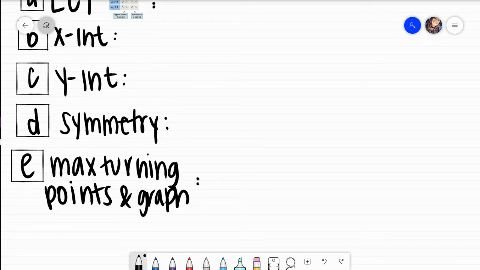That is the max amount of turning points your graph can have. If our degree is 3, 3 minus 1 would be 2. The maximum turning points that graph would have would be 2. That's not saying it has 2. It can, of course, have less, but at max, our turning points would be 2.